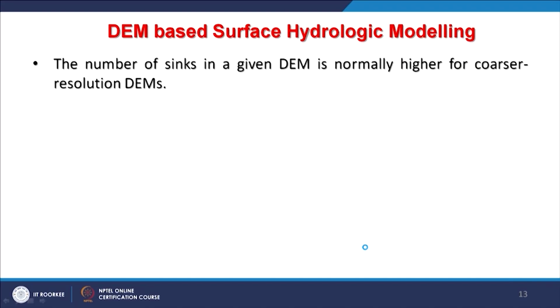Now, the number of sinks in a given digital elevation model is normally higher for a coarser resolution DEM. So, if you are having a coarse resolution digital elevation model, the area covered by these sinks is going to be very high, and in a high spatial resolution digital elevation model, it is just the reverse case.